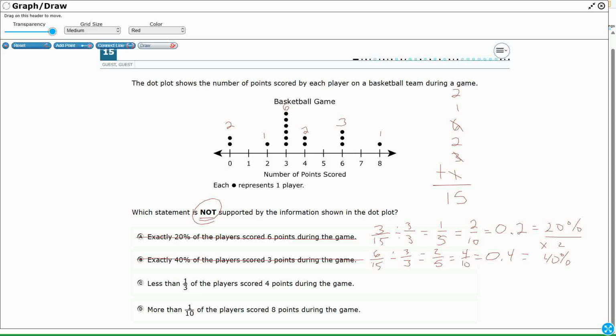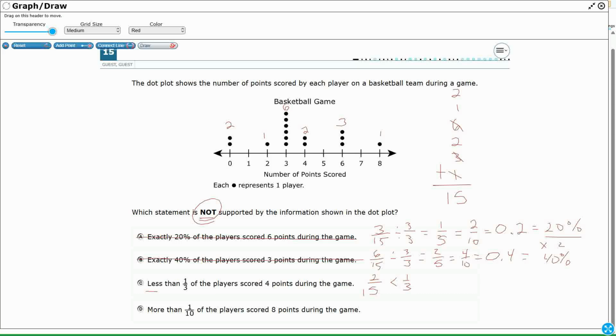So we're down to B and or C and D. Less than 1/3 of the players scored 4 points. All right, so let me see. Scored 4 points. 2. Okay, so 2/15 is less than 1/3.